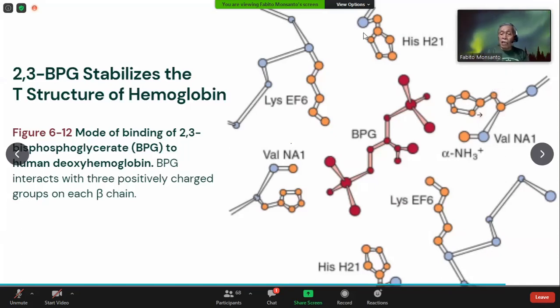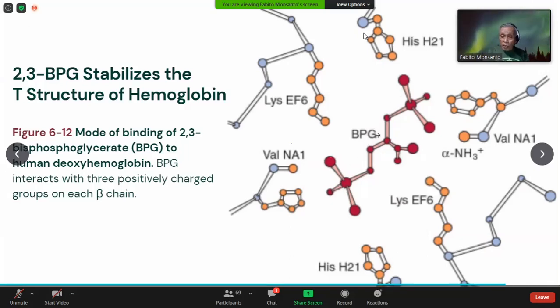These are the amino acids that interact with your BPG so that the structure becomes stronger and it is not loose, not relaxed.